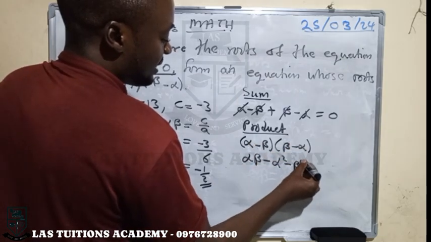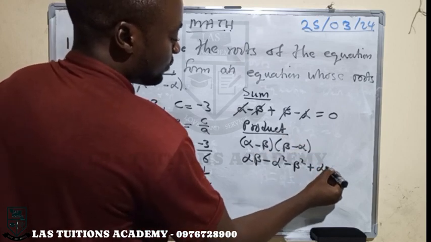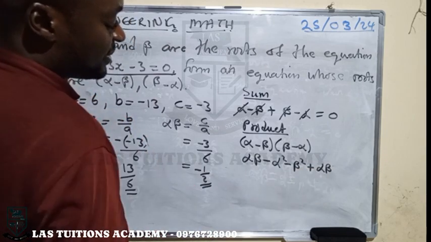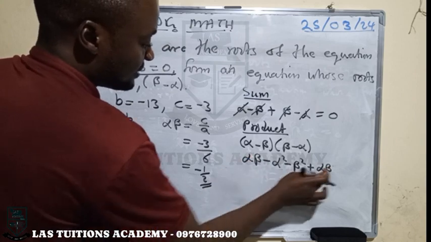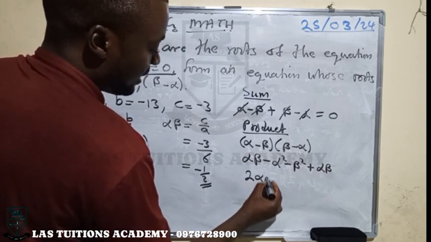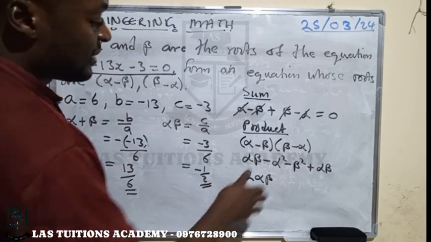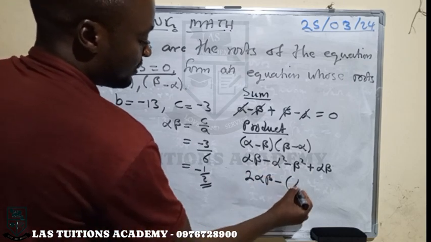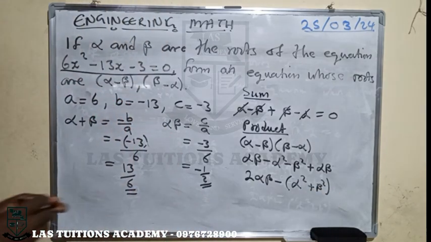Negative beta times negative alpha gives us plus alpha beta. Okay, so here there's alpha beta, we can add them to give us 2 alpha beta. Then here the negative is common, so you can take it outside. I'm going to remain with alpha squared plus beta squared, like that. Unless there's a question.